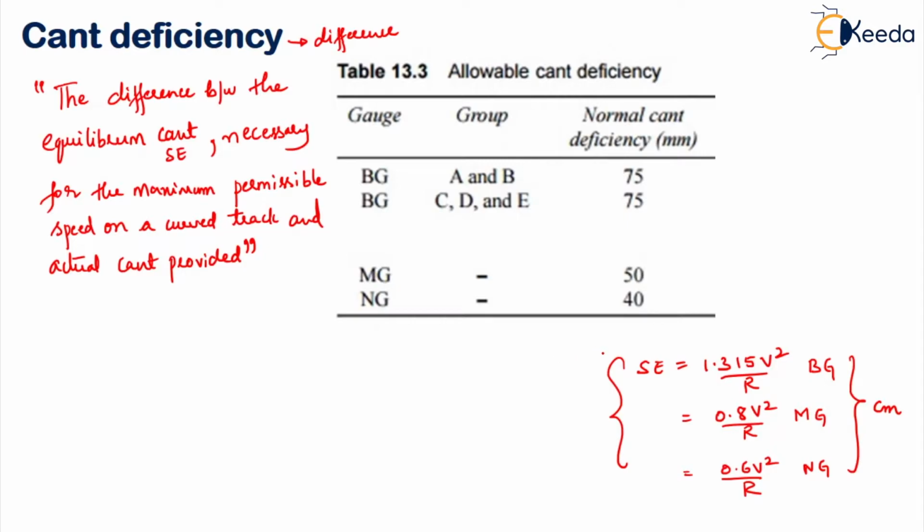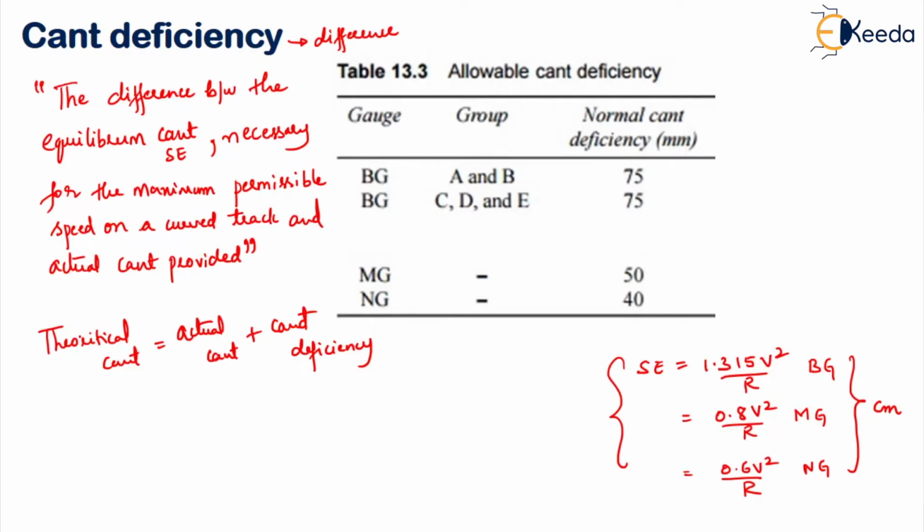Now this is based on what? The maximum permissible speed which we can provide on the curved track. But actual what cant we provide is different when compared to your equilibrium cant. So the difference between them is called your cant deficiency. Or what you can write is, theoretical cant is equal to actual cant plus cant deficiency.